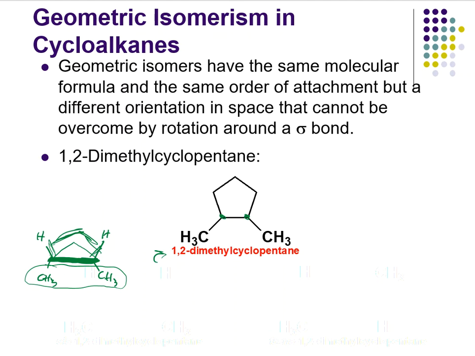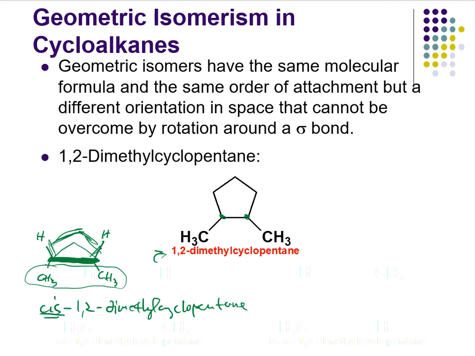Give me the details that they put into the structure. So because these are pointed in the same direction, this would be called a cis. And this would be a cis-1,2-dimethyl cyclopentane. Notice that the cis goes in front of the name and we hyphenate it.